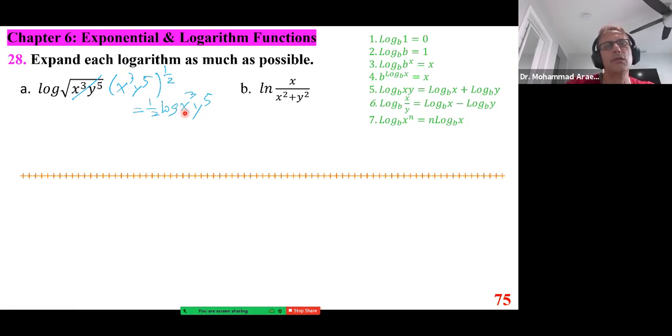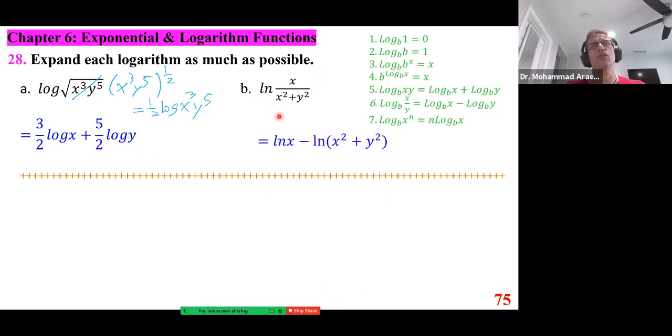Now this is 3 log x, this is 5 log y, and both get multiplied by 1/2. Okay, so this one is separated from this one with the plus sign. Don't forget there's a 1/2. Now, this is very straightforward. Ln of the top is ln x minus ln of the bottom, and you can't do anything to further separate them.